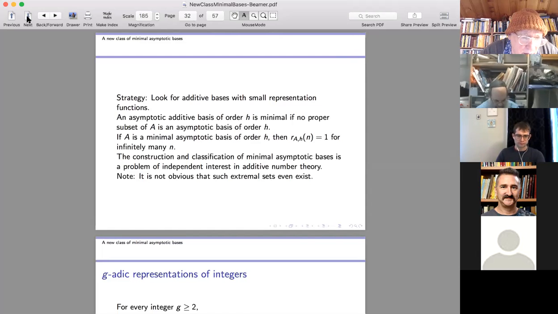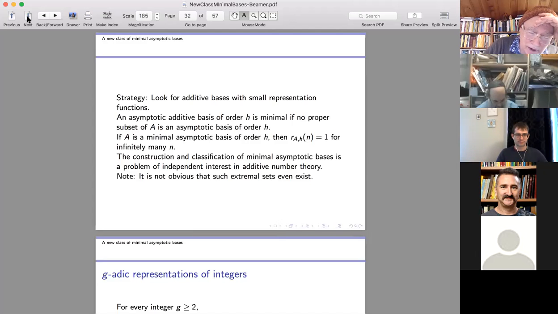In fact, one can show that you can find additive bases of order h which do not contain a minimal basis. In fact, the nicest example is of the following sort. You can find an asymptotic basis of order h with the property that you can throw away any finite subset and it is still a basis. But if you throw away any infinite set, it no longer is a basis. And since they teach you in preschool or somewhere that there is no maximal finite subset of an infinite set, it means that such a basis does not contain a minimal asymptotic basis.